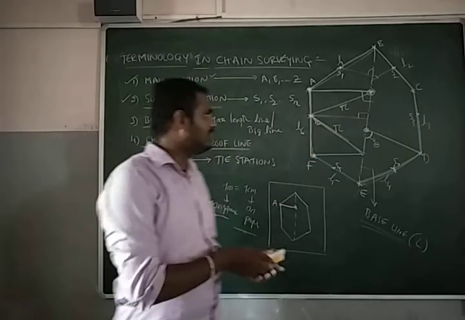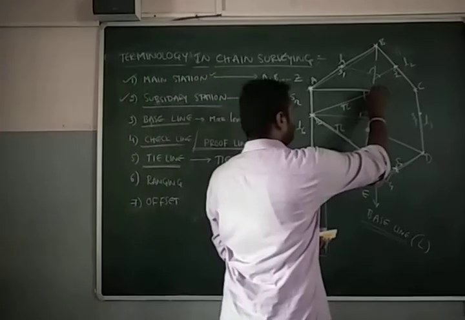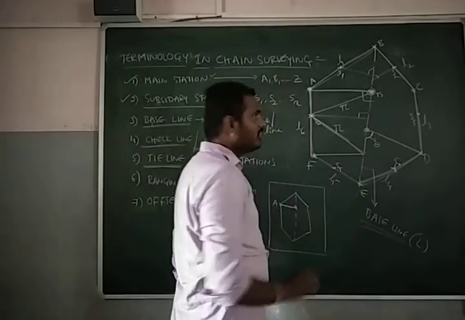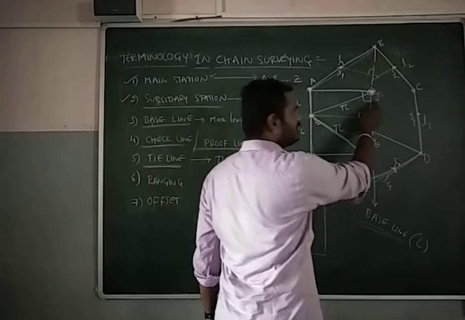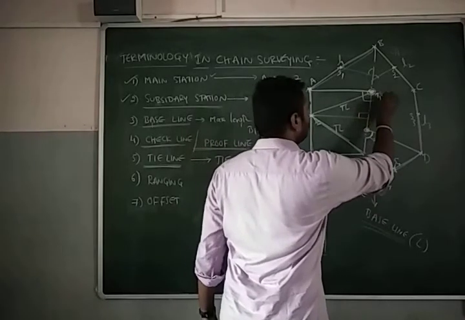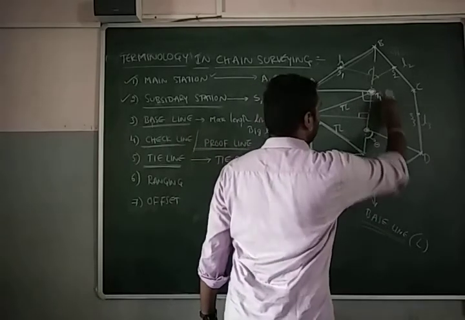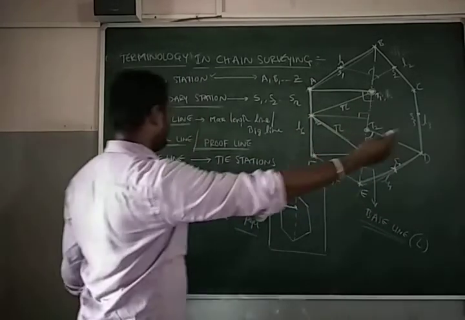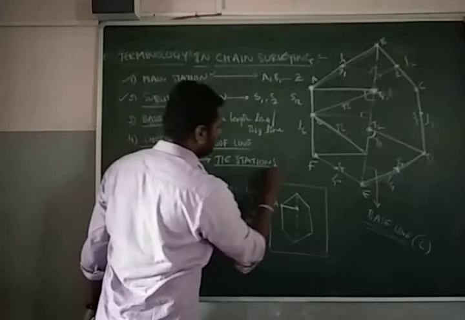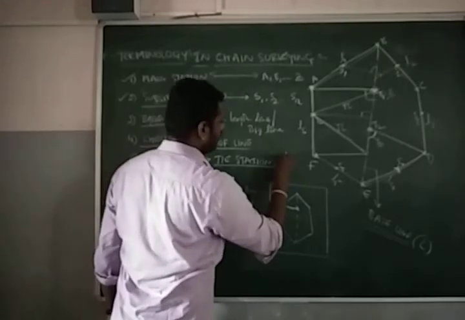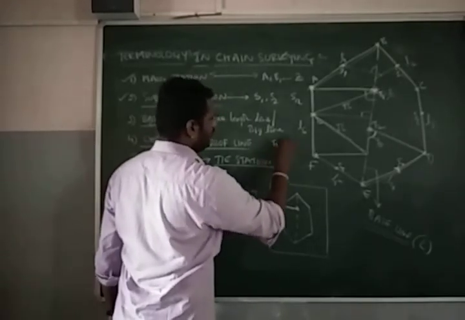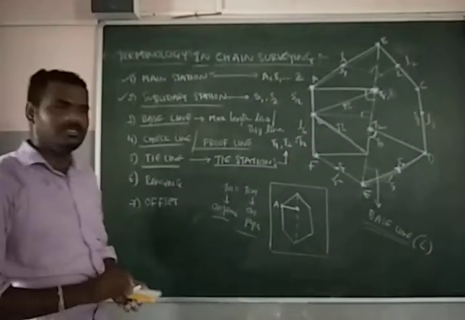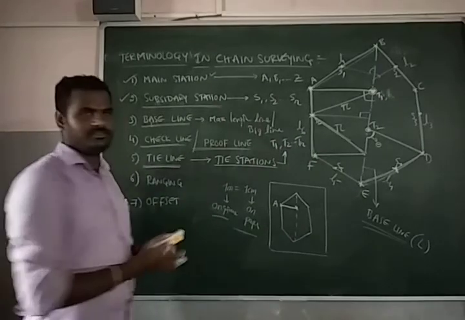So therefore, the station over here on the baseline can be termed a tie station. So we represent the tie stations with T1, T2, let us take this as also one tie station. So T1, T2, T3, T4, T5 and so on. So here I have tie stations, which are represented with T1, T2 up to Tn. This is all regarding the tie stations.